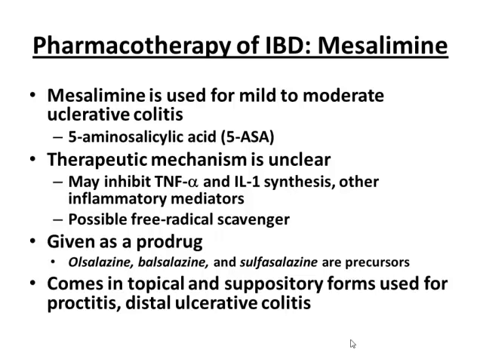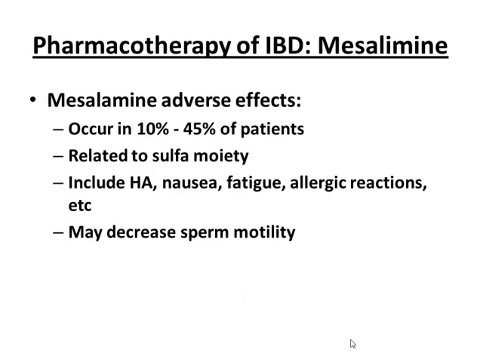So mesalamine is given as a prodrug, so these are the precursors here, and it comes in topical and suppository forms that are used for proctitis and distal ulcerative colitis. So obviously, if you have a topical form, you're only going to get access to so much of the areas that are disrupted. Mesalamine itself has adverse effects.